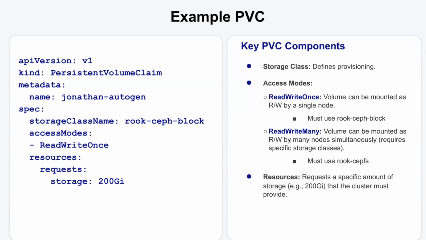And ReadWriteMany is where multiple pods, multiple deployments, whatever, can read and write from your one PVC volume. The benefit of ReadWriteOnce is that it's much faster. So if you want high performance, then use Ceph block. But if you don't care too much about performance, but you need multiple pods accessing it to make it parallelized, use CephFS instead.